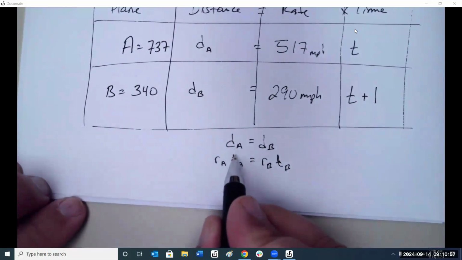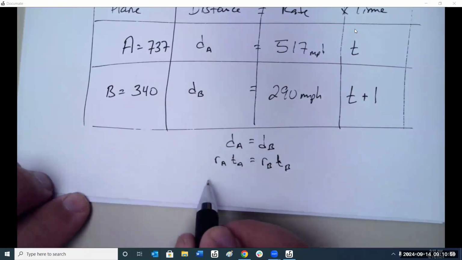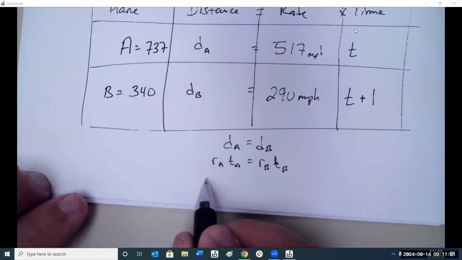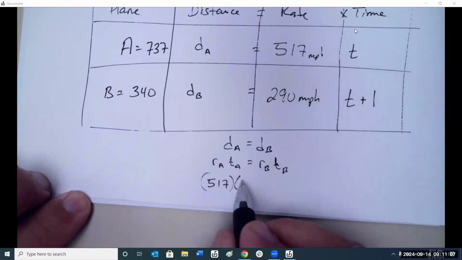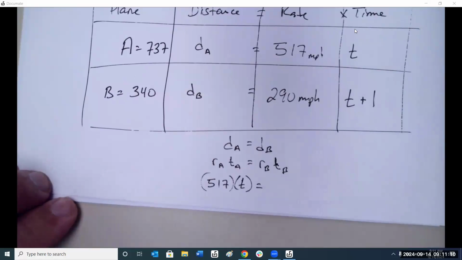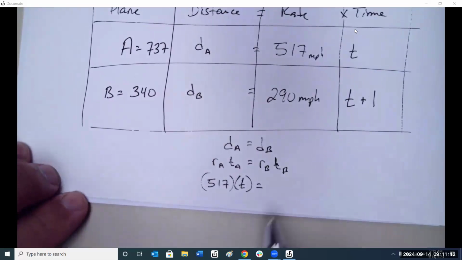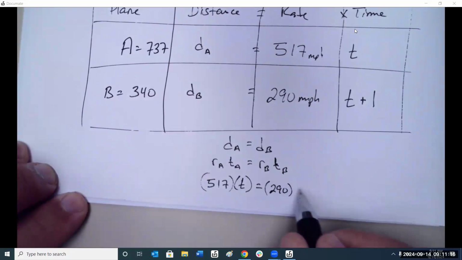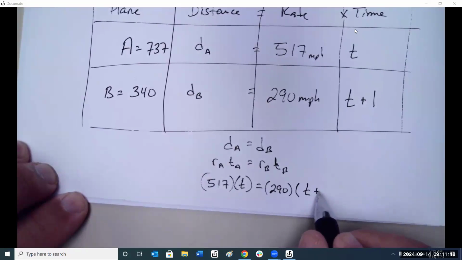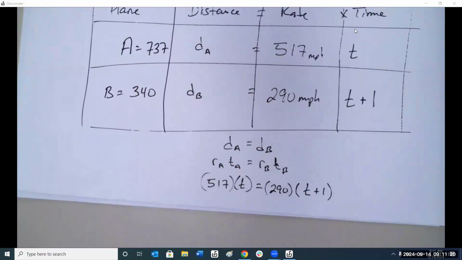So what's the rate of airplane A? 517. And the time is just t. The rate of the second one is 290, but its time is t plus 1, since it flew for 1 hour longer than the other one.